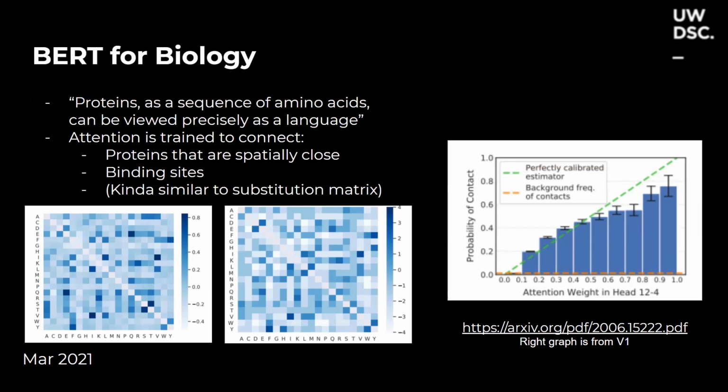Each sequence of amino acids, which is a protein, is kind of like a sentence, and each different type of amino acid is kind of like a word in the sentence. There are actually only 20 amino acids in this world, so that makes it slightly easier for everyone.